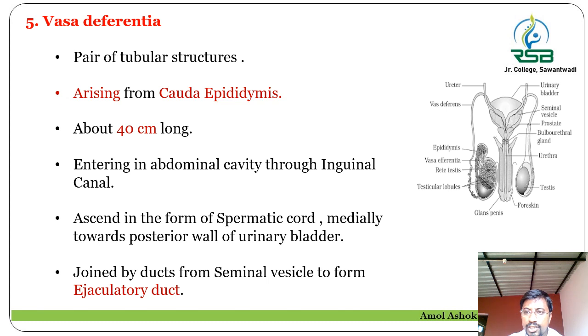So the joining of vas deferens and seminal vesicle forms the ejaculatory duct, which is again the most important feature in the next point. So when the vas deferens joins with the seminal vesicles, together it forms the ejaculatory duct.